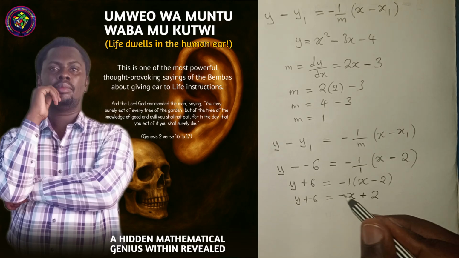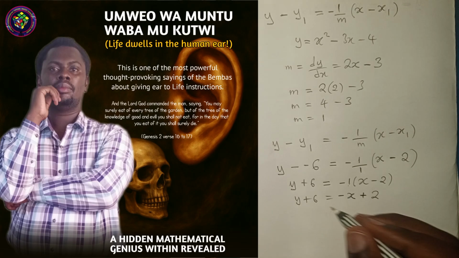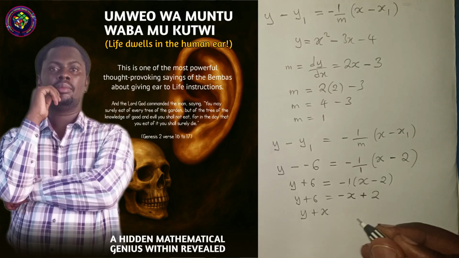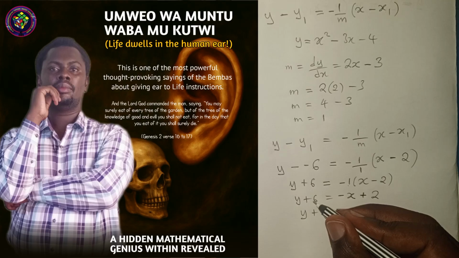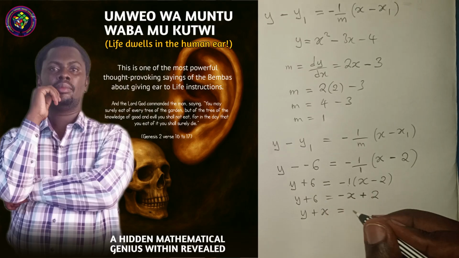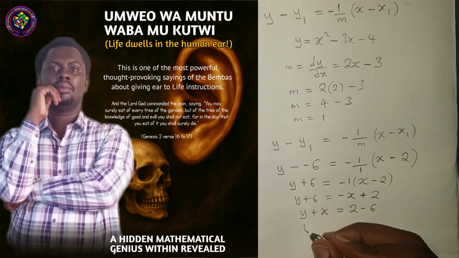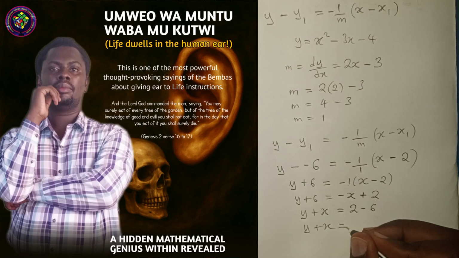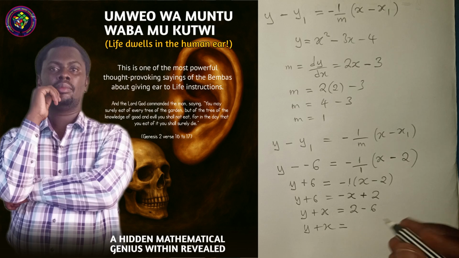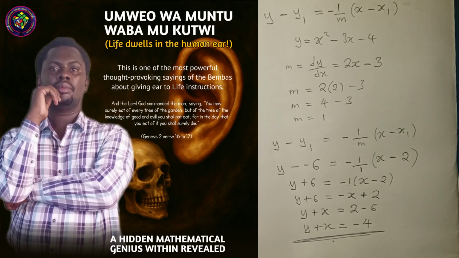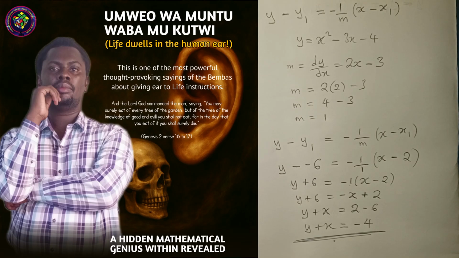The minus x can come this side, where it will be a plus, and the plus 6 this side will be minus 6. So we have y + x = 2 - 6, which gives minus 4. So that is the equation of the normal: y + x = -4.